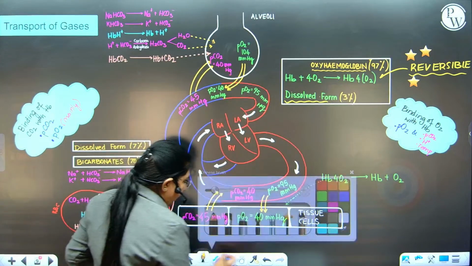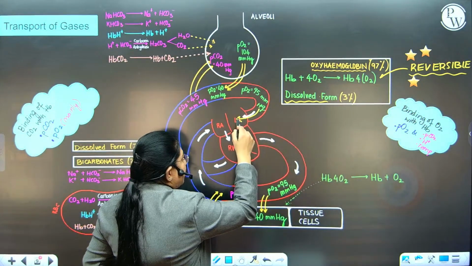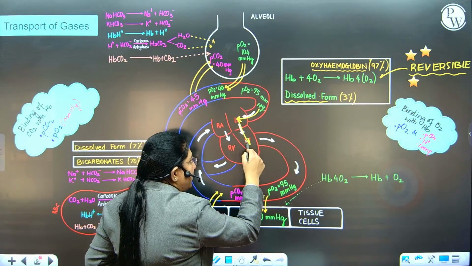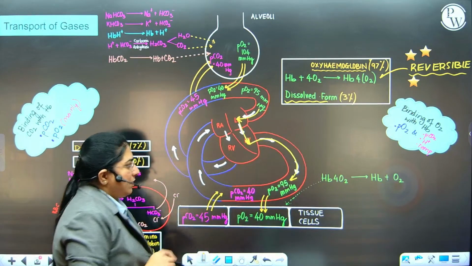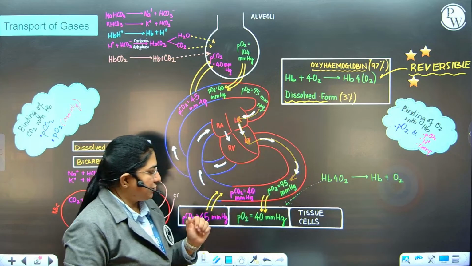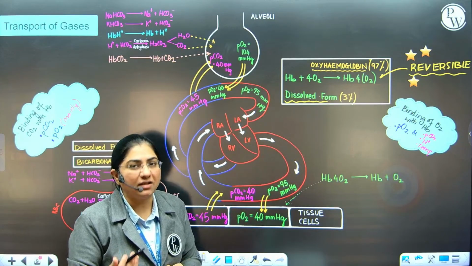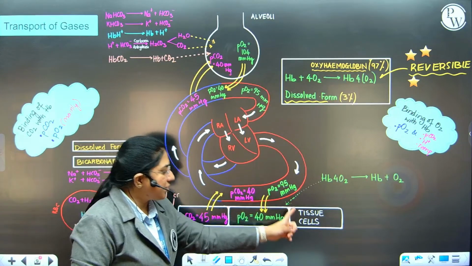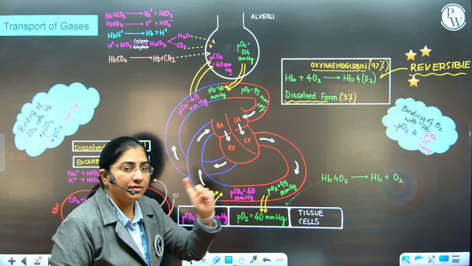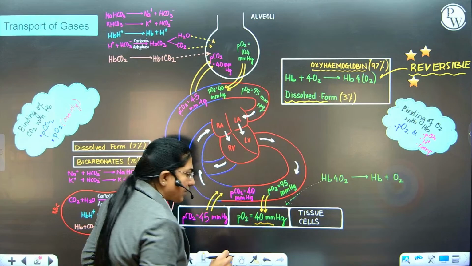Now, this blood with oxygen goes to the left atrium, from there to the left ventricle, from there it is carried to the tissues. Now when it comes to the tissues, the partial pressure of oxygen in the arterial blood, or the oxygenated blood, is 95 mm of Hg, and tissue cells which are doing metabolism will have a partial pressure of 40. Why so?